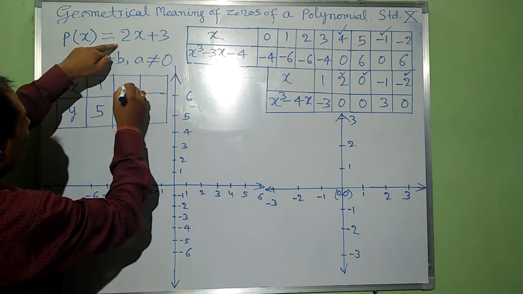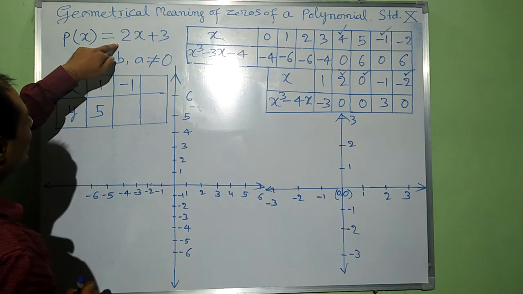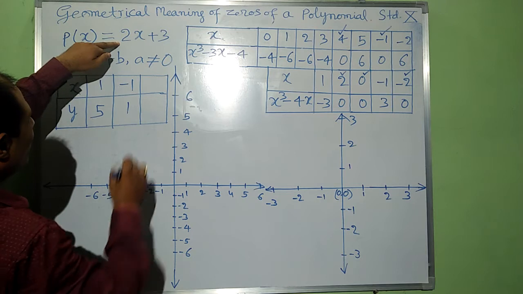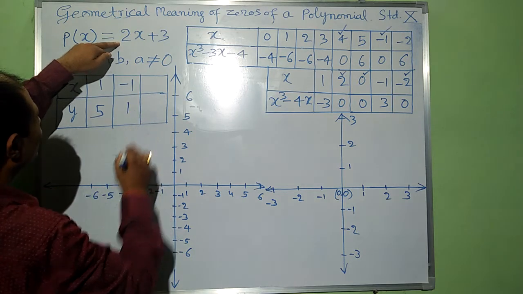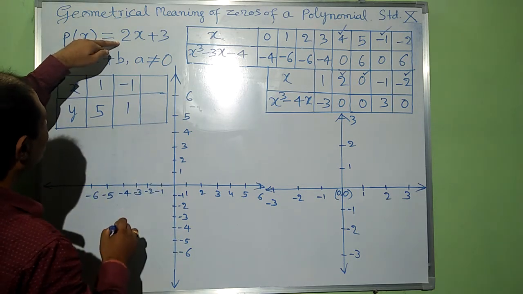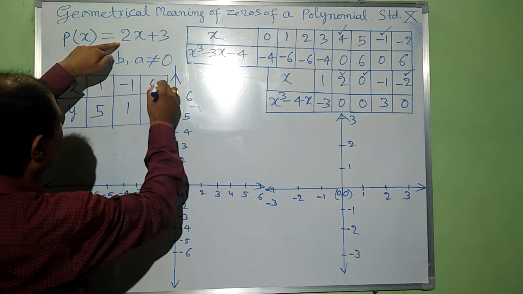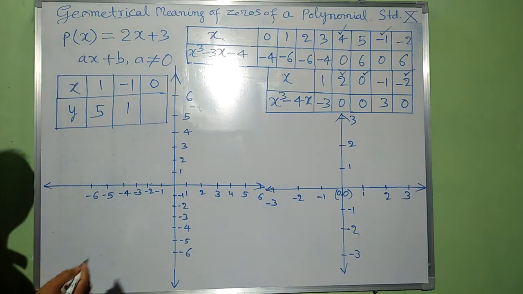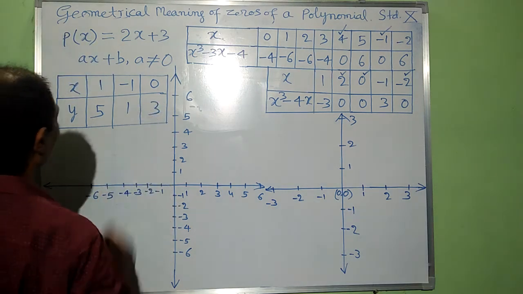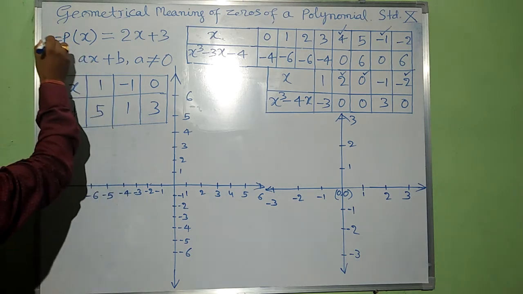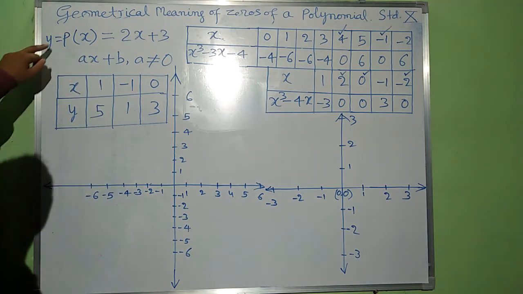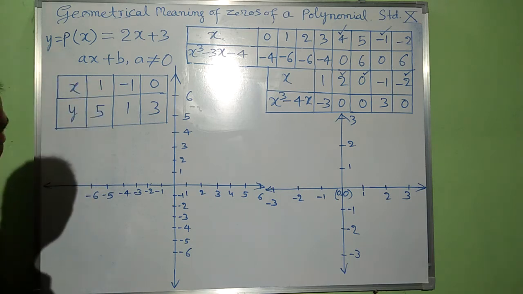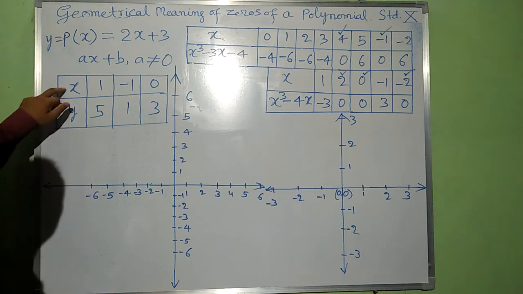When we put x equal to minus 1, then minus 2 plus 3, that is 1. When we put x equal to 0, 2 into 0 is 0, then we have 3. This is y, that is p(x), on the y-axis, and the value of x will be given on the x-axis.